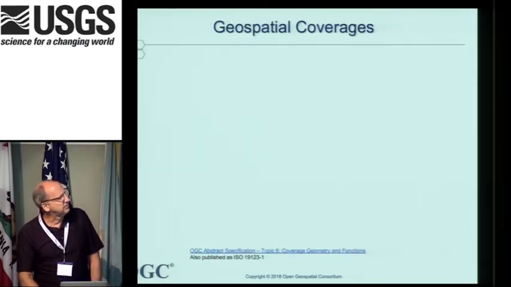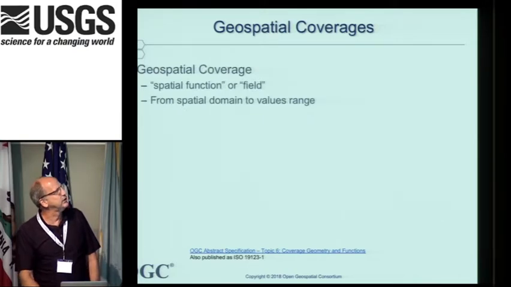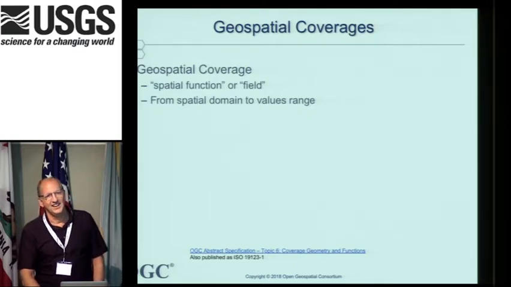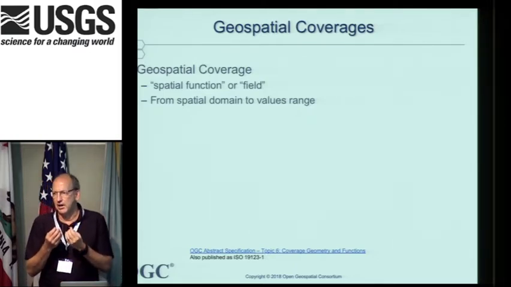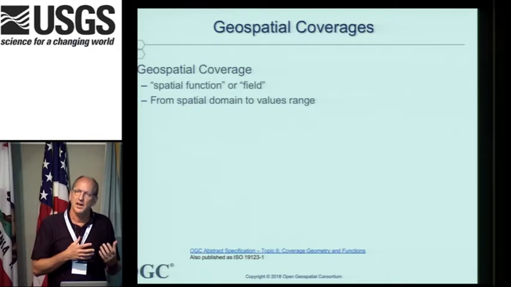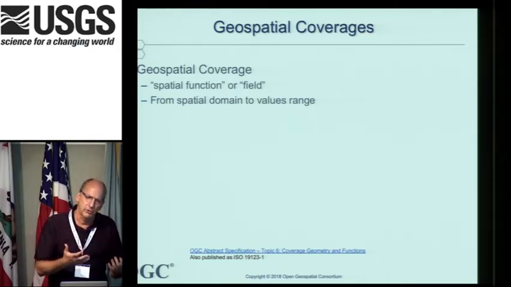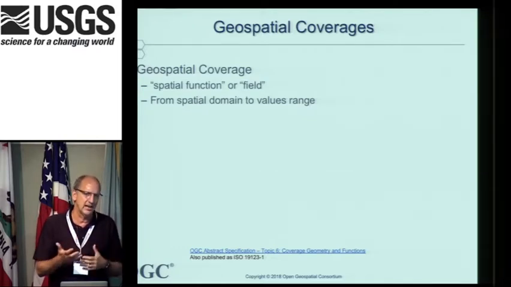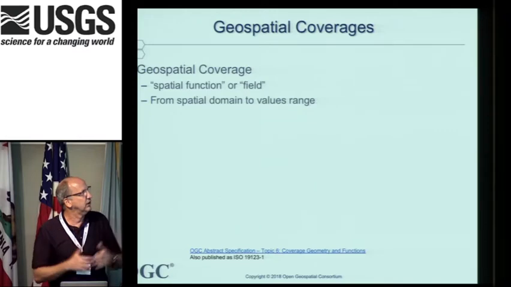So we talked about maps, let's talk about data. Data is coverages. Didn't know this was animated, oh boy, let's see what happens. So in trying to find a generic model that allows us to talk about geospatial data of the type that we work with in remote sensing, there was a development a few years ago of what was called coverage models. It came out of the research community, ended up being standardized through a series of OGC and ISO standards, now known as coverages.